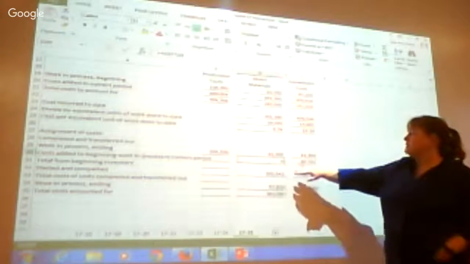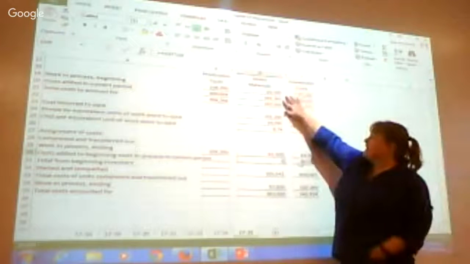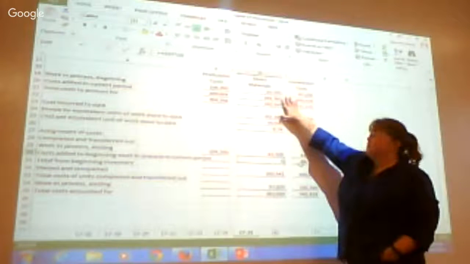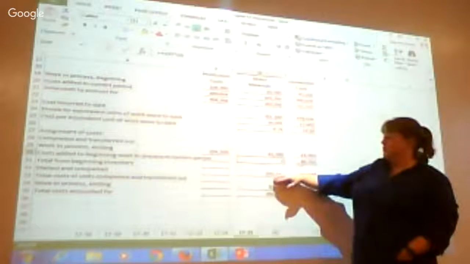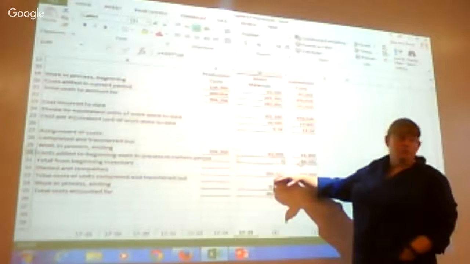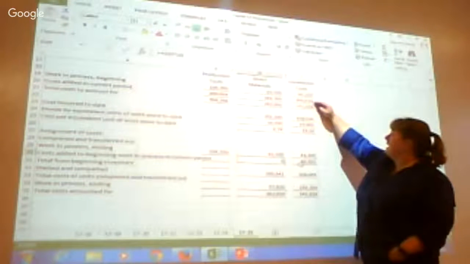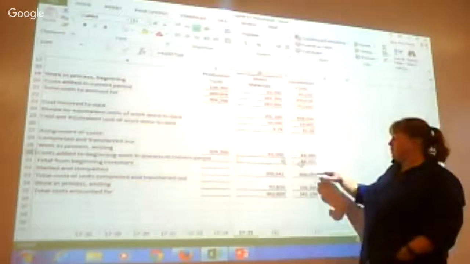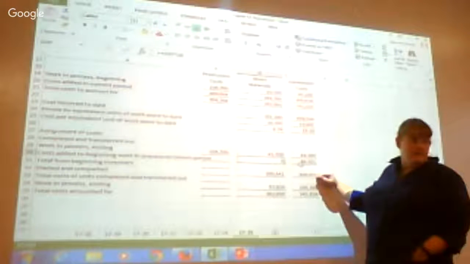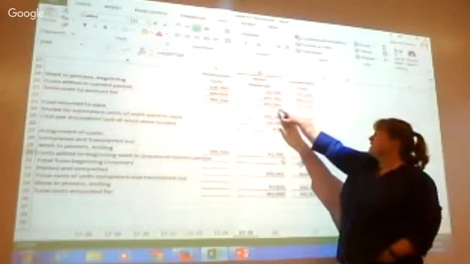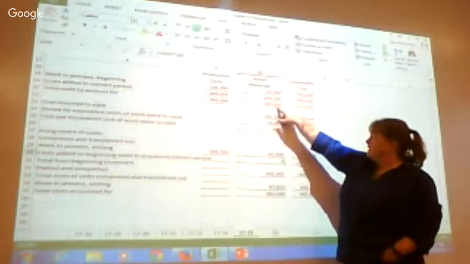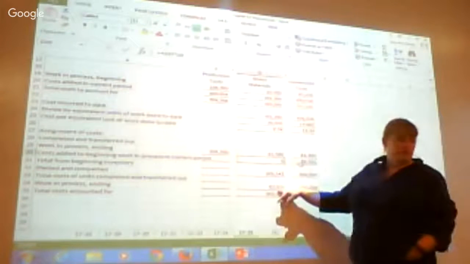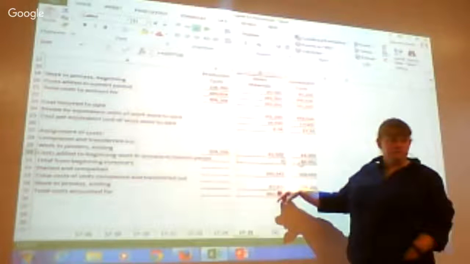So basically what I'm doing is allocating the portion that goes to that 23,300 and allocating the 598,624 to started and completed. Then I'm taking the equivalent units multiplied by the rate to allocate the rest of whatever's left over to ending inventory.